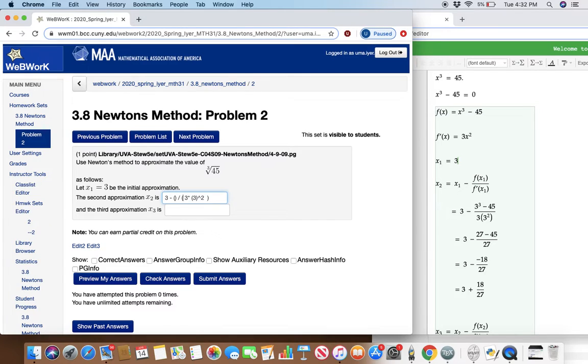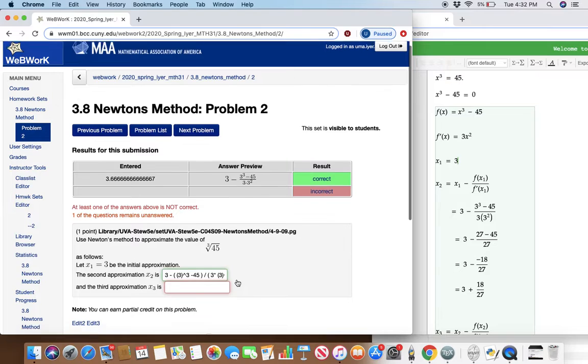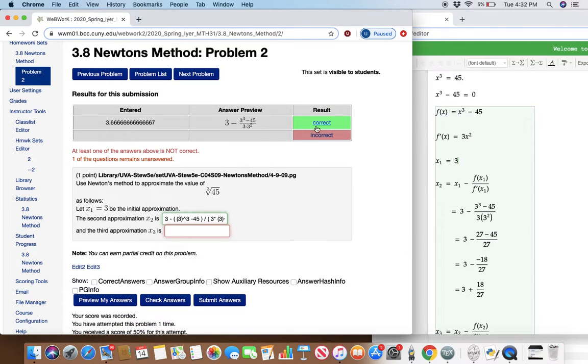That's the denominator, okay? What about the numerator? Numerator is x to the power 3 minus 45. 3 to the power 3 minus 45. Submit it. That gives me one approximation and it tells me it's correct.